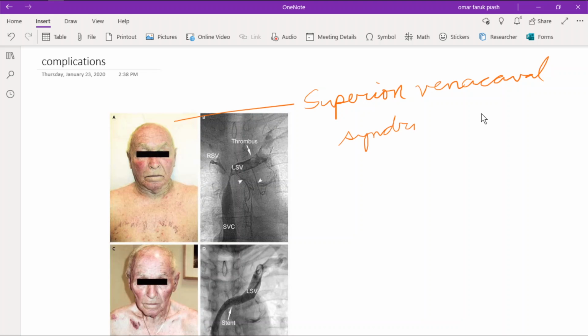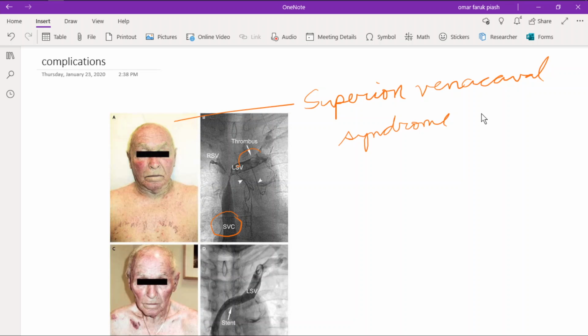In superior vena cava syndrome, what happens? Look at the superior vena cava. There is obstruction of the superior vena cava that impairs the blood drainage from the head.